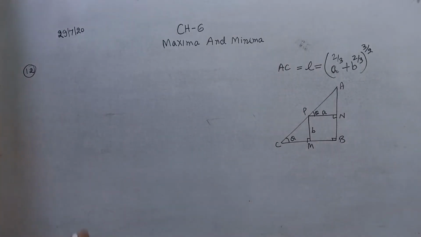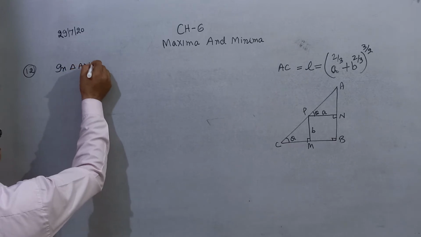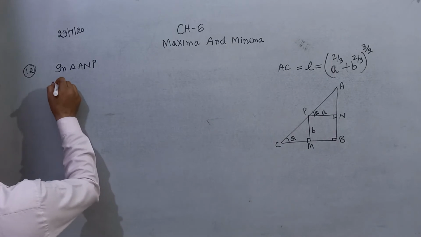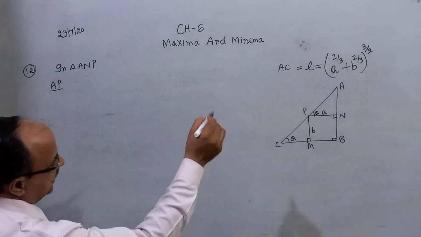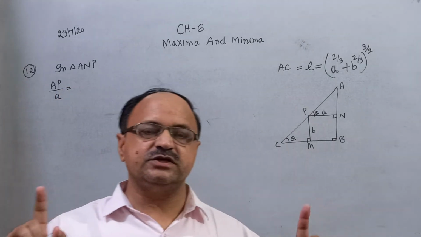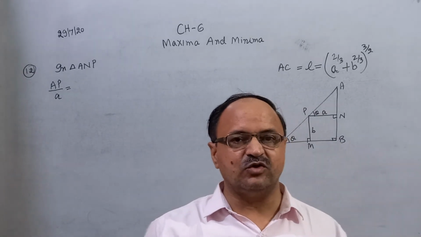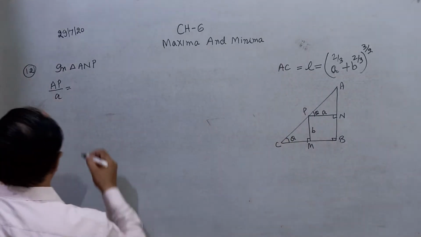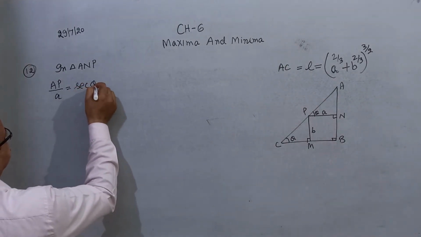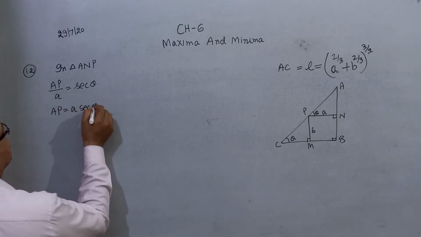In triangle APN, can you tell me AP upon a? In a right angle triangle, it is hypotenuse upon base, that is sec theta. So therefore you can say AP is equal to a sec theta.